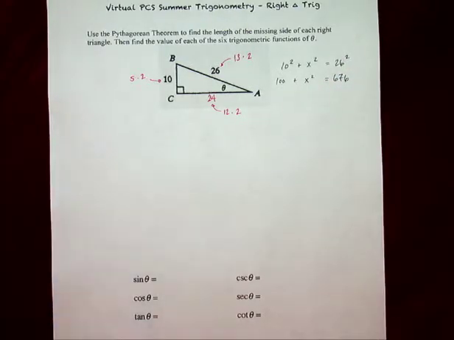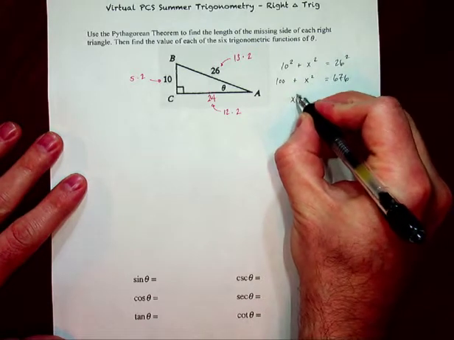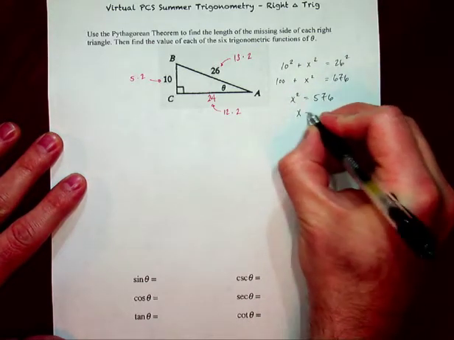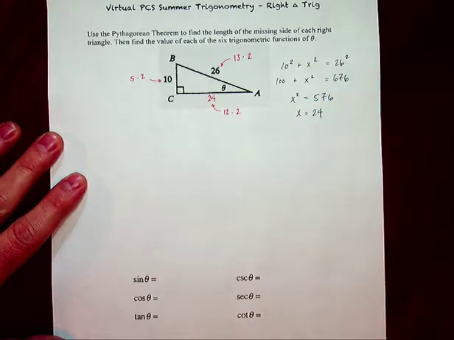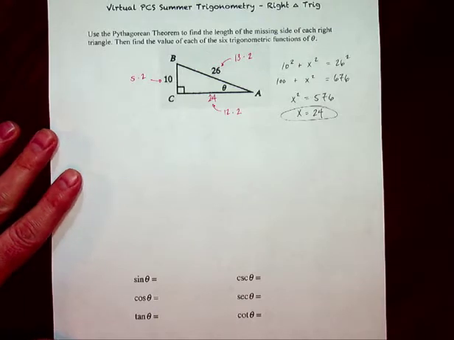By the way, one of the things I need you to memorize is all the perfect squares up to 30 squared, because if you don't know them and can't recognize them, I'll also teach you a trick on how to find them if you ever forget one of them. But for our purposes right now, x squared is equal to 576, and x is equal to 24. Okay. Now, I have all 3 sides.